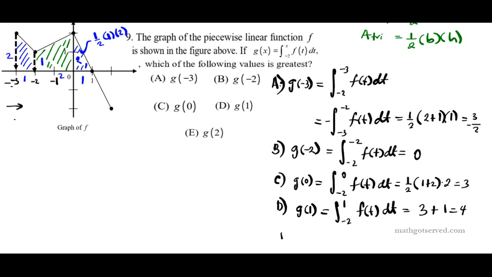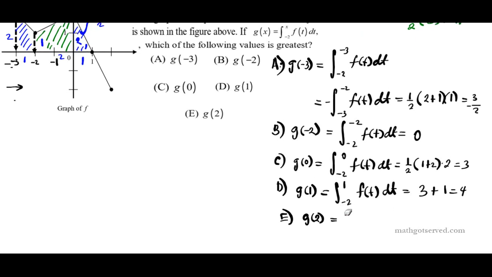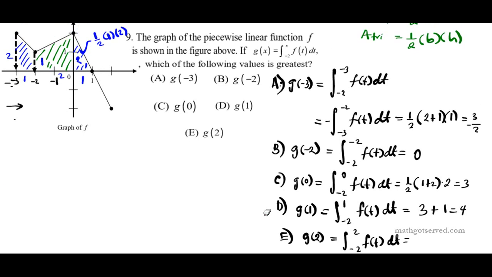Lastly, option E, we're looking for g of 2. G of 2 is the integral from -2 to 2 of f of t dt. You notice what we're doing is adding more area to what we already have. Starting from -2 all the way to 1, we know that that is 4. But when you're going from 1 to 2, what happens? You are now underneath the x-axis. How does that impact the area? This area and this area are identical.